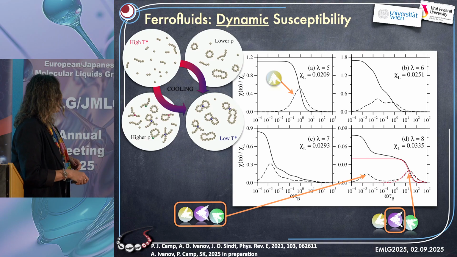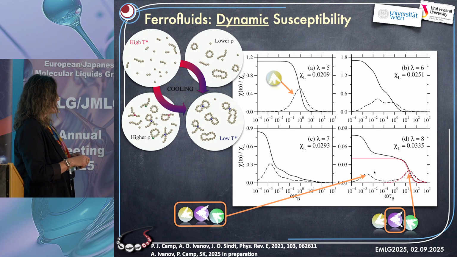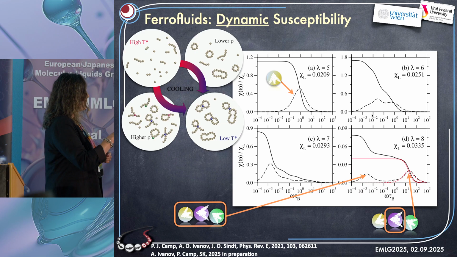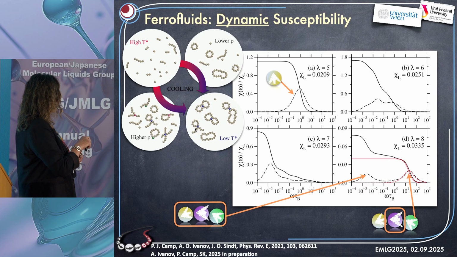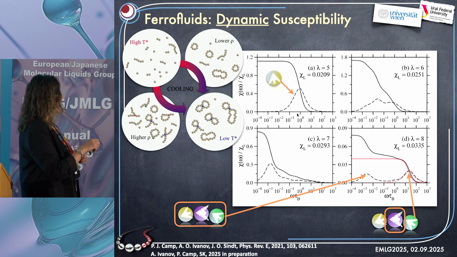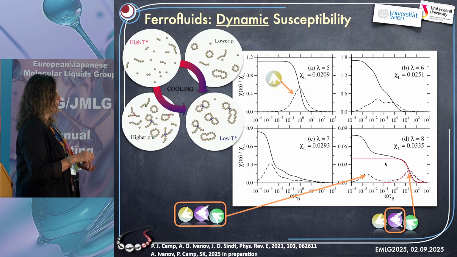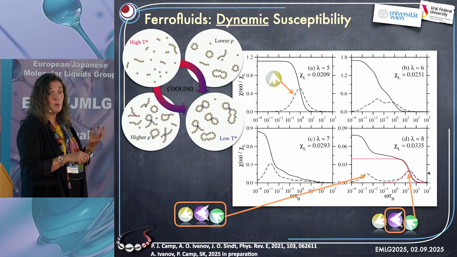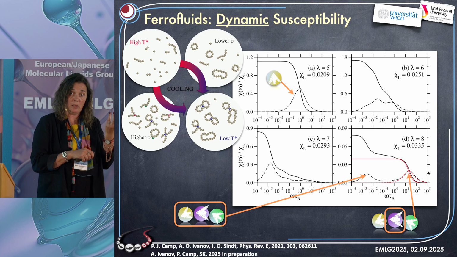We did quite some simulations to that extent, and we discovered that if you increase the interactions and chains and rings are formed, or branched structures at high density, a single Debye peak of the imaginary susceptibility actually splits in two. There are two peaks, so it means that there are two eigenfrequencies in the system.